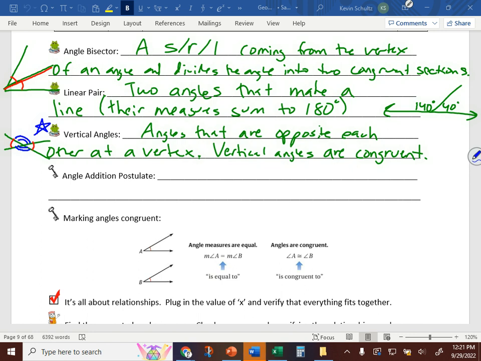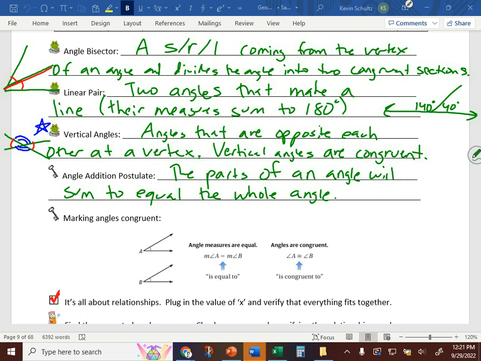Next, the angle addition postulate. Similar to the segment addition postulate, the angle addition postulate says that the parts of an angle will sum to equal the whole angle.